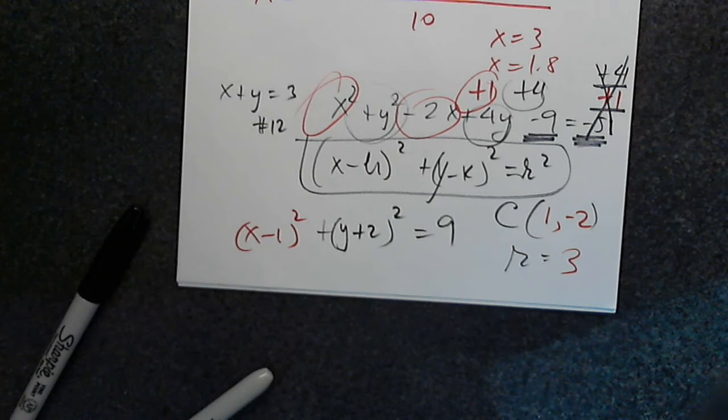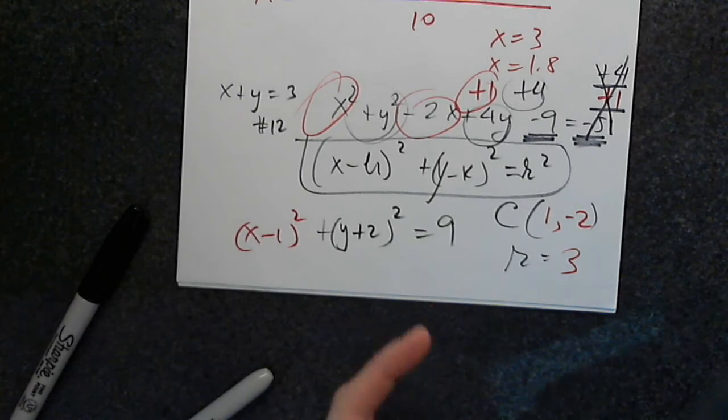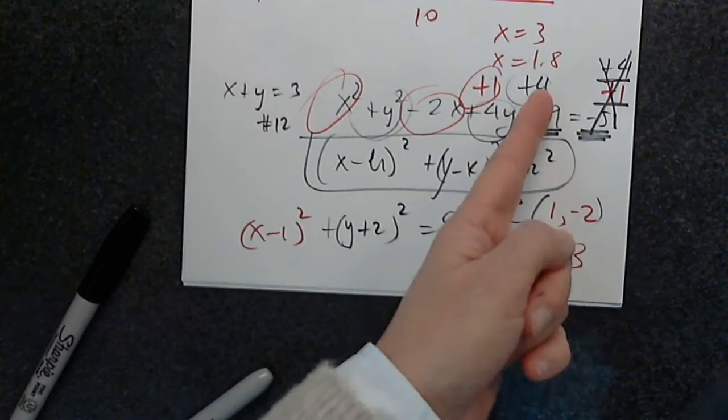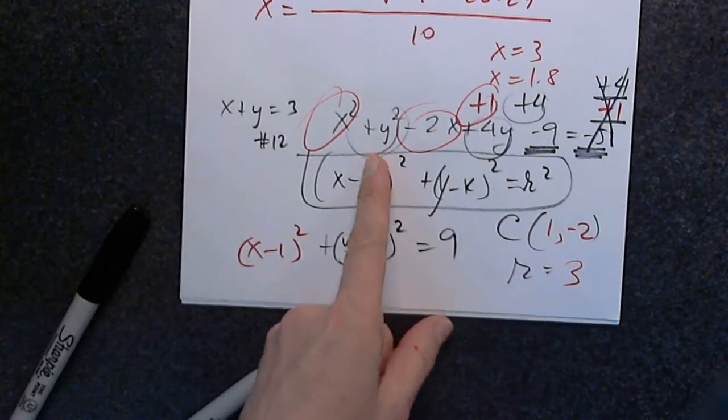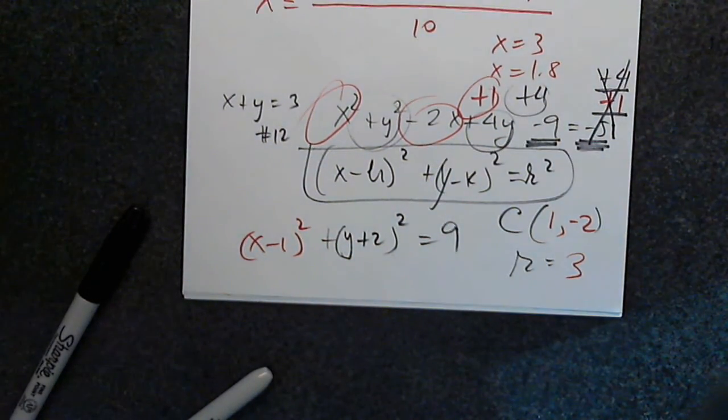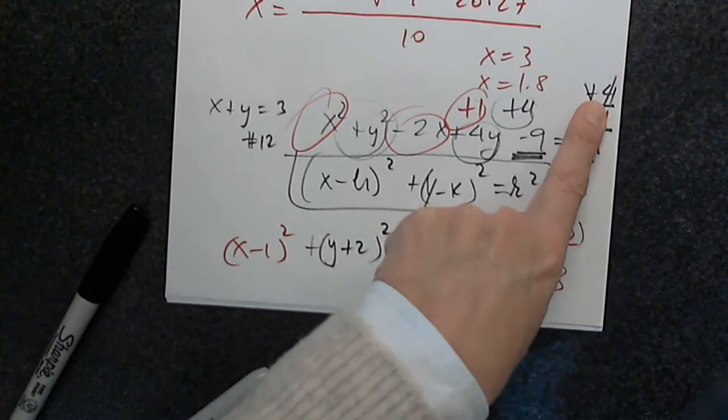It has to have 3 terms. Only 3 terms can form a perfect binomial squared. If I don't have 3 terms, I can never get a binomial squared. Vice versa, when I have a binomial squared, I have 3 terms. When I square this, I get y squared plus 4y plus 4. But if I put 4 here, I have to put 4 there.